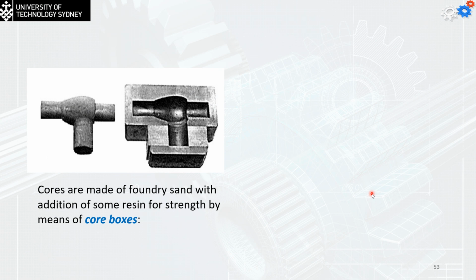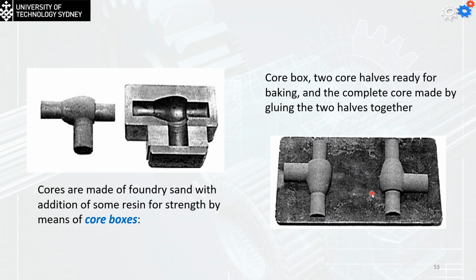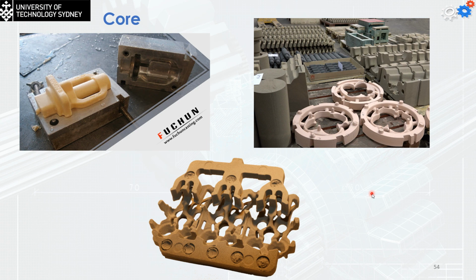The core has something called the core boxes, which is used to compact the sand to a certain shape. Then we're going to bake it, and then we're going to glue them together to have the 3D shape. So you can see here that actually this was not made by one operation, but it was made by multiple parts that are glued together to make this complicated shape of the pattern.